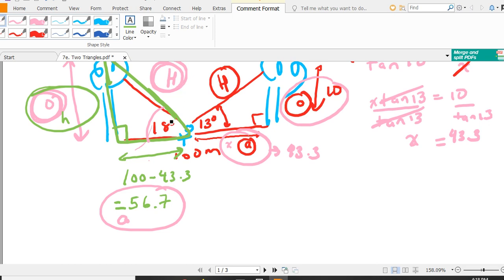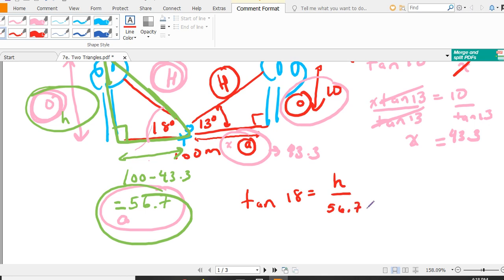And out of the hypotenuse and adjacent, which one has an actual numerical value? It is my adjacent value. Okay, so which one, sine, cos, or tan, has O and A? Again, that's going to be tan. So tan of 18 degrees is equal to opposite, h, over adjacent, 56.7. Okay, multiply both sides by 56.7.